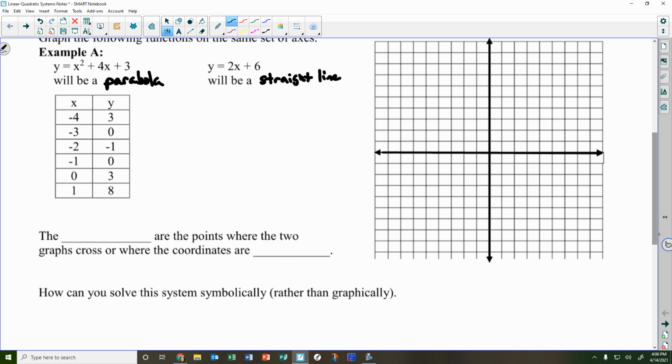All right, so they gave you points to graph the parabola: -4, 3; -3, 0; -2, -1; -1, 0; 0, 3; and then 1, 8.